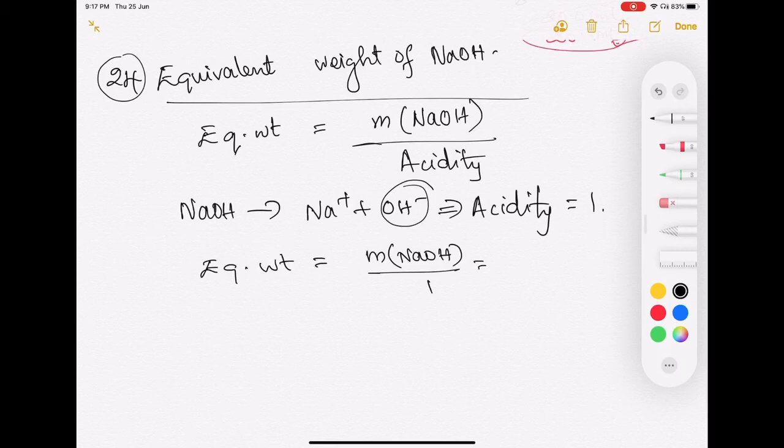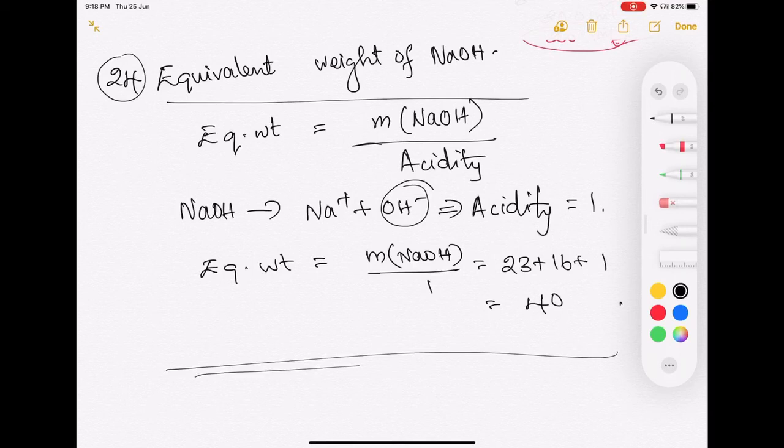So this is molar mass of sodium hydroxide, that is 23, plus molar mass of oxygen 16, plus hydrogen 1. So on solving you will get 40 gram per mole. Generally we do not write gram per mole here, it doesn't matter. So we will just write the equivalent weight of sodium hydroxide is 40, and sodium hydroxide is which type of base? This which has acidity 1. So I can say it is a monoacidic base.